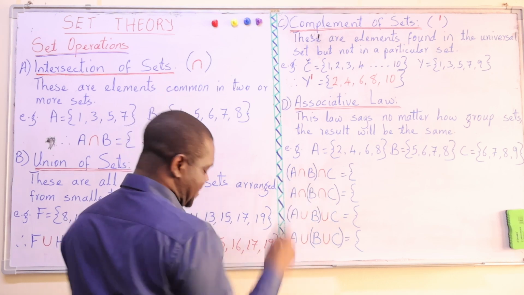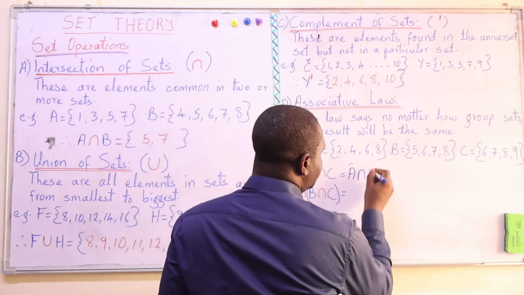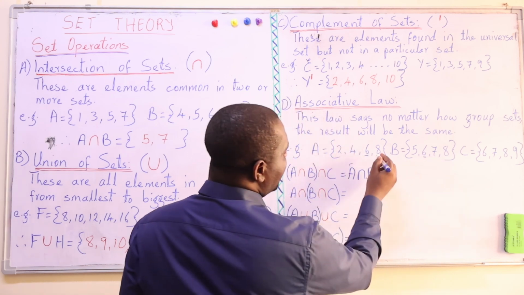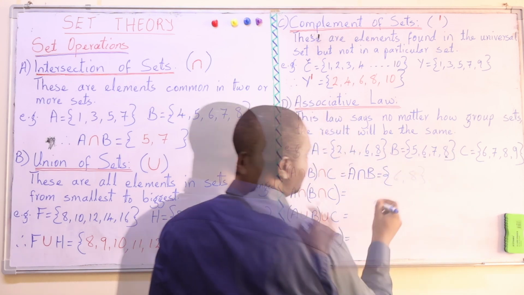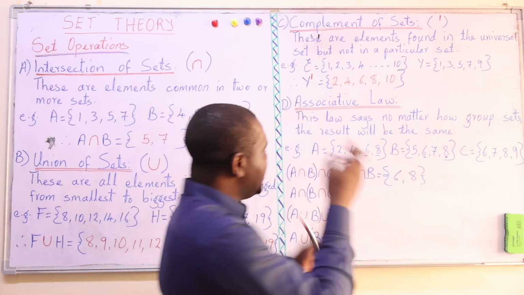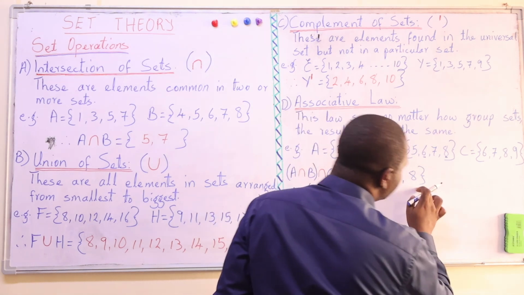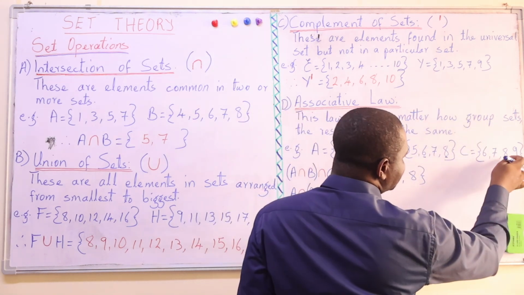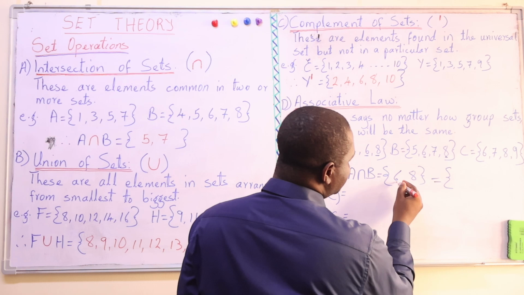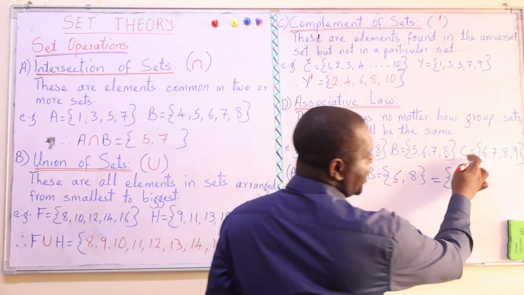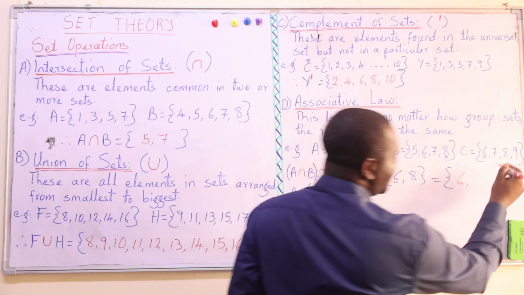That is A intersection B. A intersection B gives this 6, which is here and here, and we have 8, which is here and here. Then we have to look for the intersection of this and C. So what do we have in this set that we have in the set C? In this set we have 6, and in set C we have 6. We have 8 here, and if you look at the set C again, you have 8.